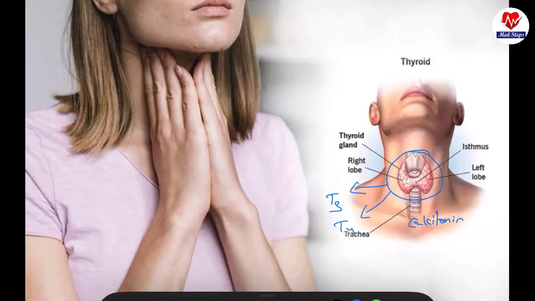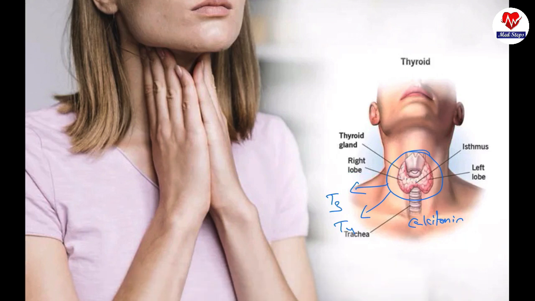Calcitonin is very important because it regulates calcium metabolism. So we have to remember one thing, thyroid is not just metabolism, it also has a role in calcium regulation, right?